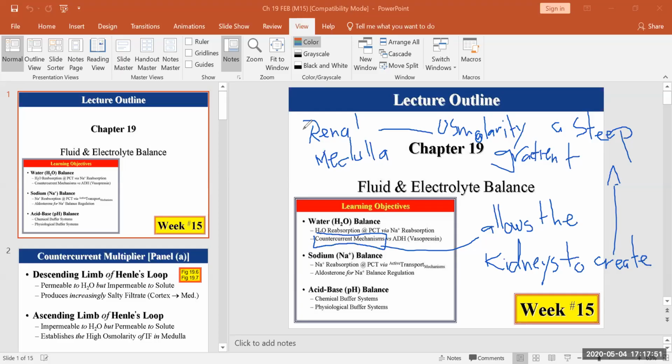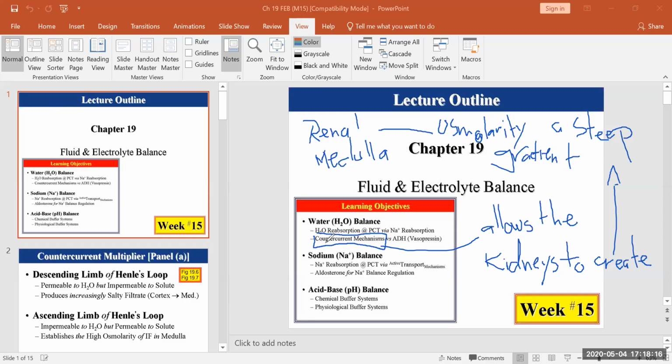So that osmolarity gradient was created by this countercurrent mechanism. And that gradient is there just in case the kidney needs to concentrate urine, right?